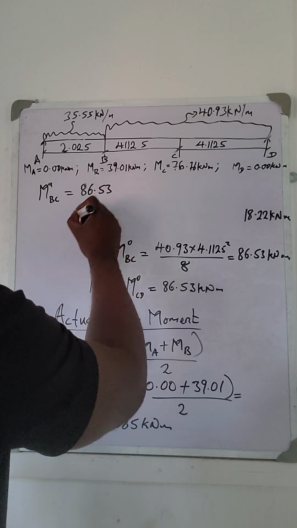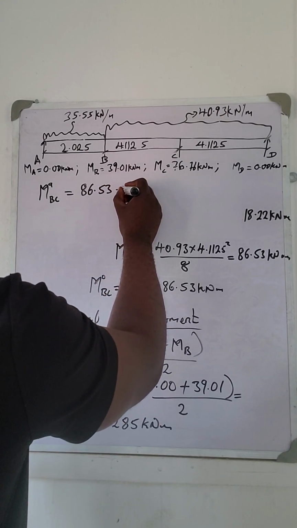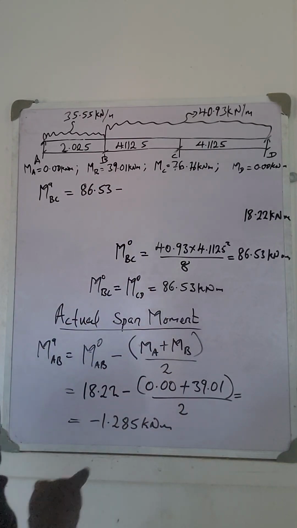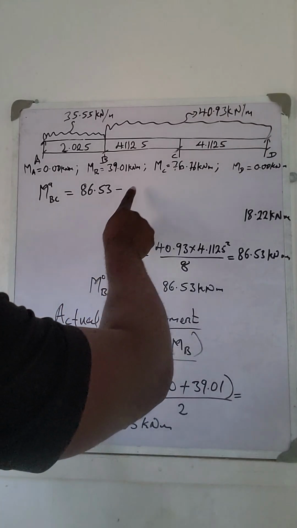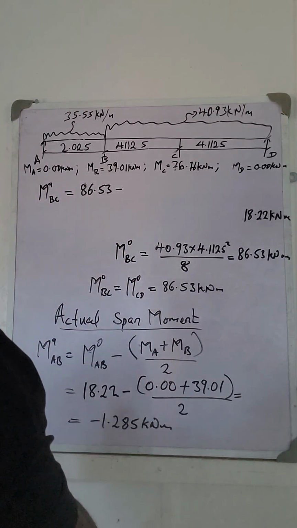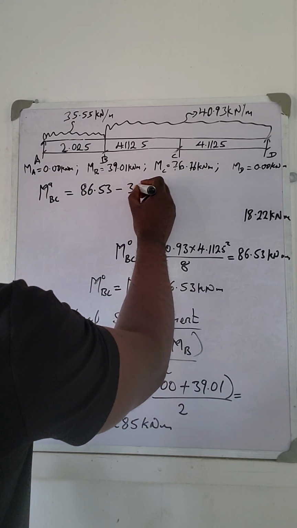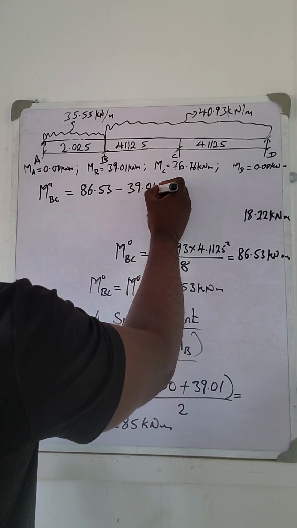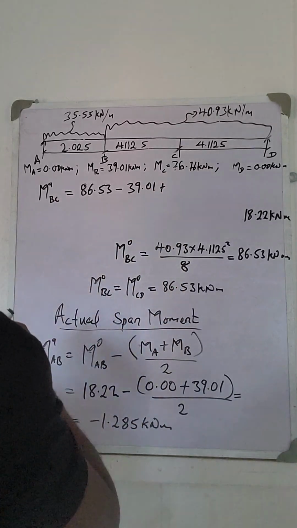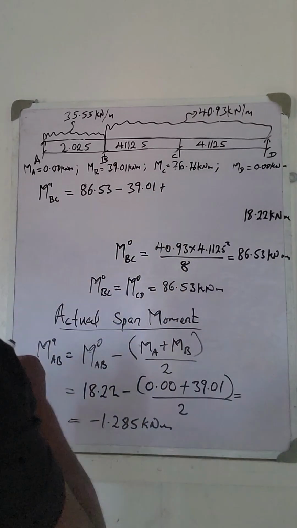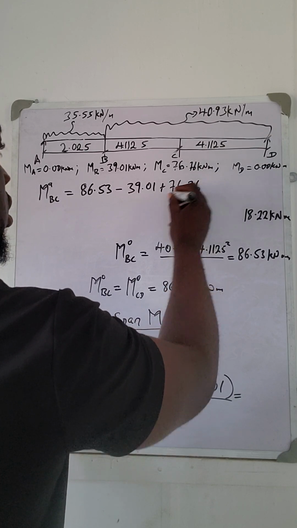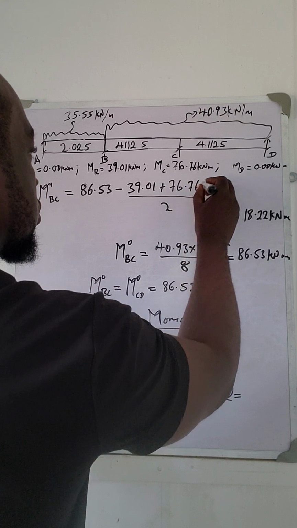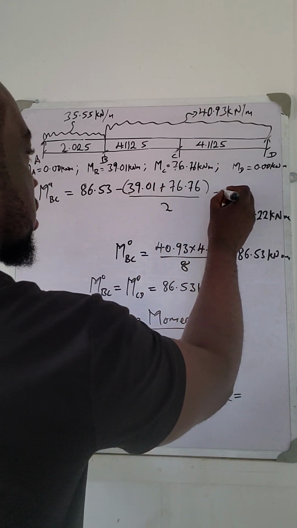86.53. All right. Minus, support moment B is 39.01 plus support moment C, which is 76.76, over 2. Remember, it's like this.